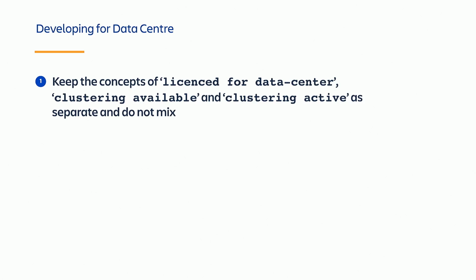But when you're actually developing the logic inside of your application, make sure that you are keeping the concept of 'this is licensed for Data Center', or 'this is a feature that you want to provide only in your DC-licensed application', separate from clustering being available and clustering being active.